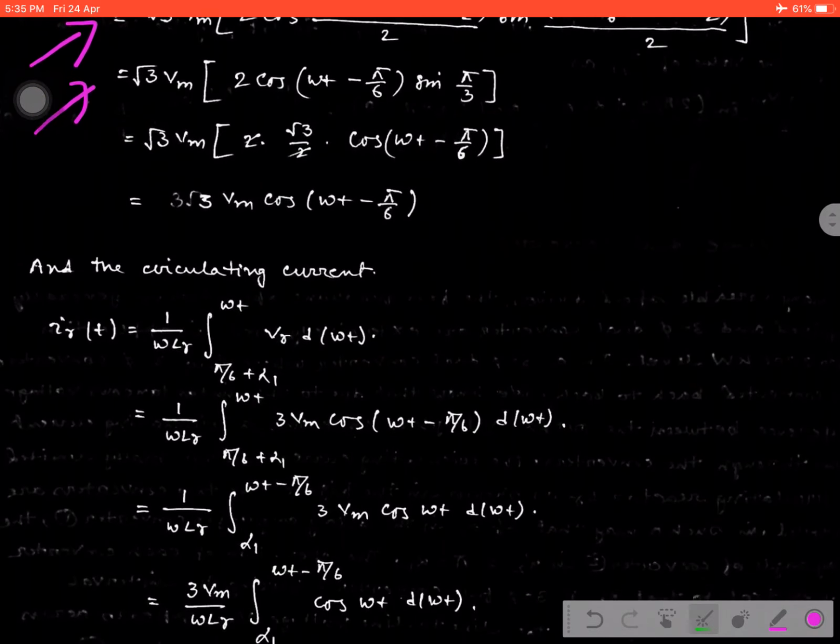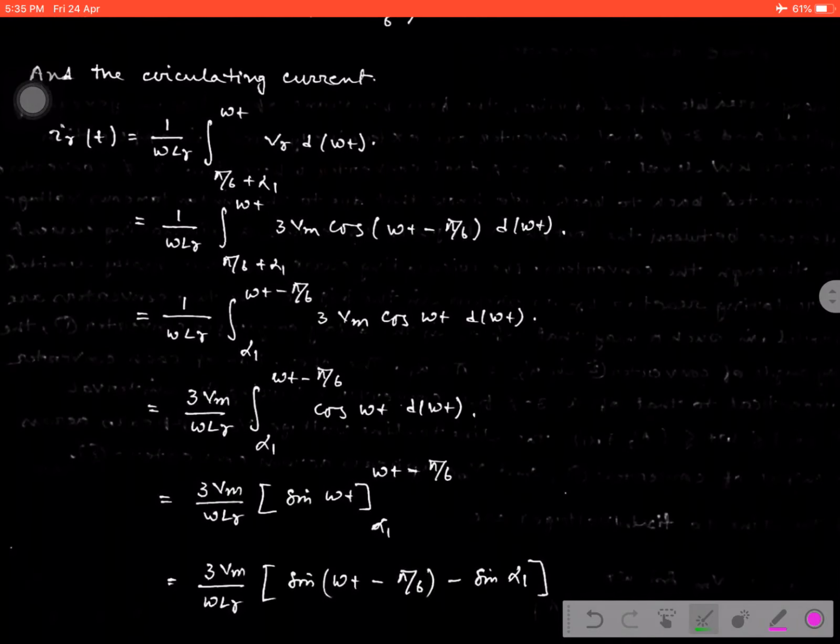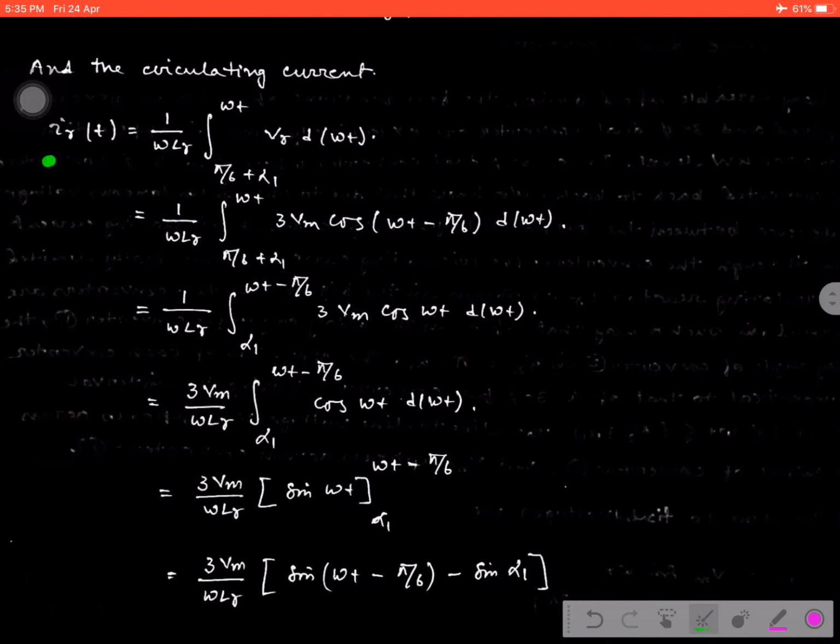So the circulating current expression across the inductor, IR, is equal to 1/(ωLR) times the integration from π/6 + α1 to ωt. Why are we taking this ωt term?